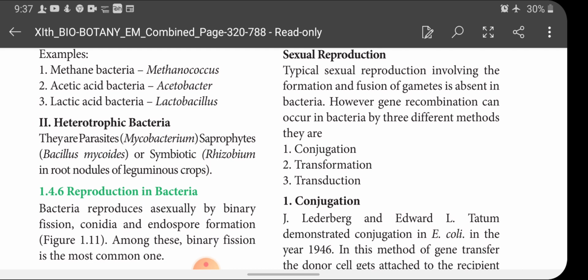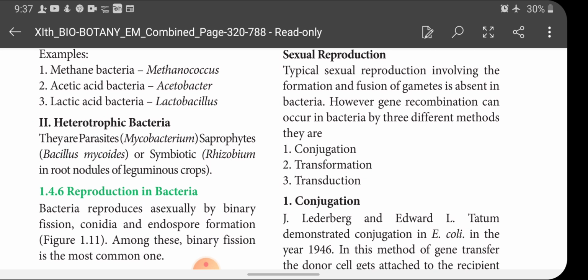In bacteria, such kind of fusion will not take place, but there is a gene transfer from one bacteria to another bacteria and combination in that bacteria, so that we can consider it as a sexual reproduction.